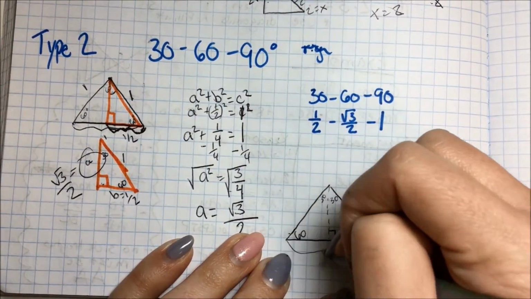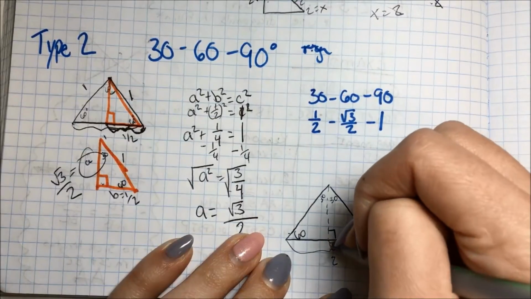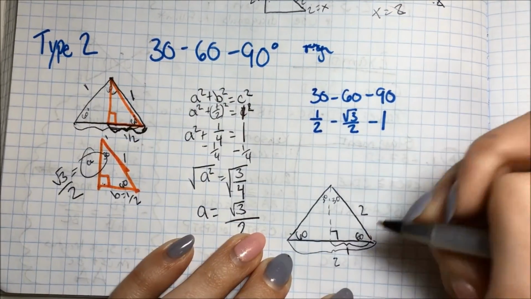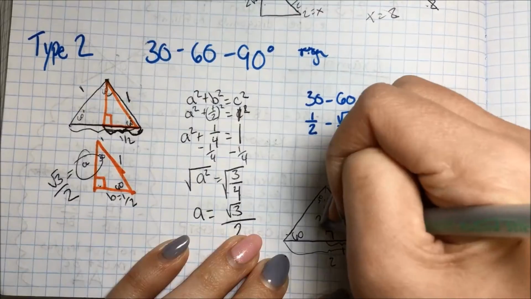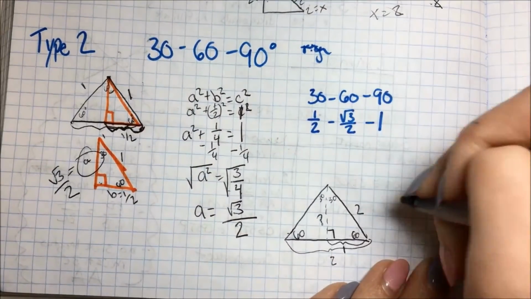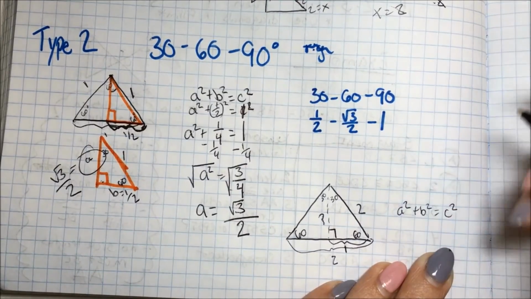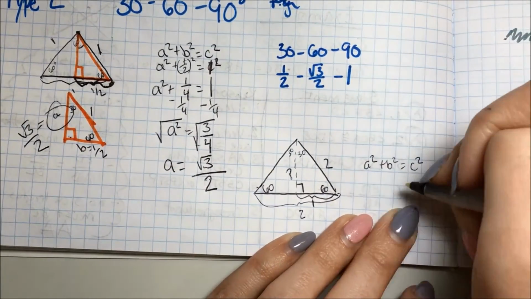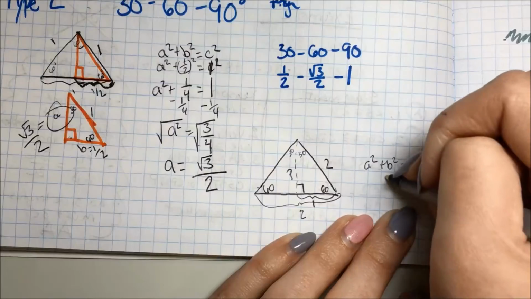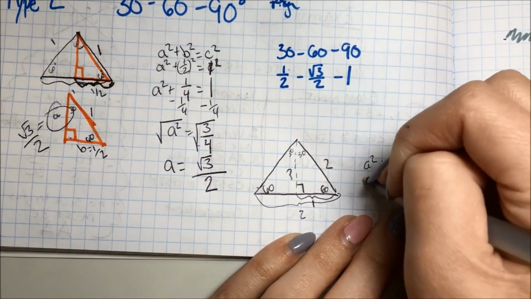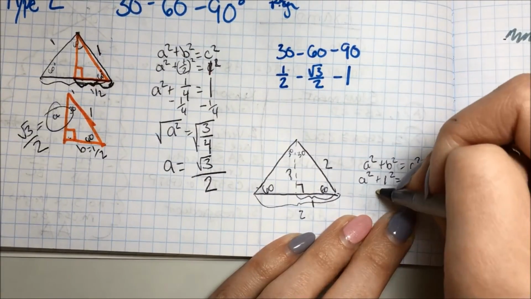This whole length I know is 2, but half of it, this part over here, is going to be 1. And I still want to find this value over here. So I'm going to do A squared plus B squared equals C squared. The hypotenuse is 2. B is 1. I'm still trying to find A.